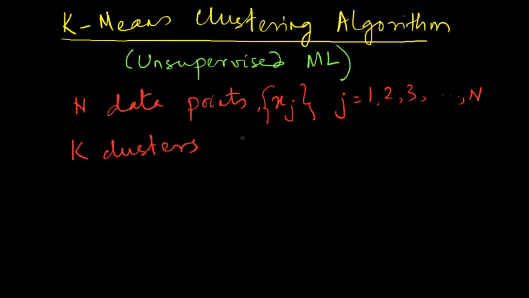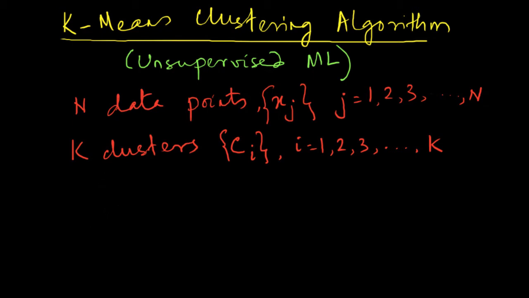As I said, the number of clusters has to be given to you a priori. And let those clusters be labeled C_i, where i goes from 1, 2, 3 and so on up to capital K. So you have N data points whose labels you do not know, and you want to find out which cluster each of the data points belongs to.